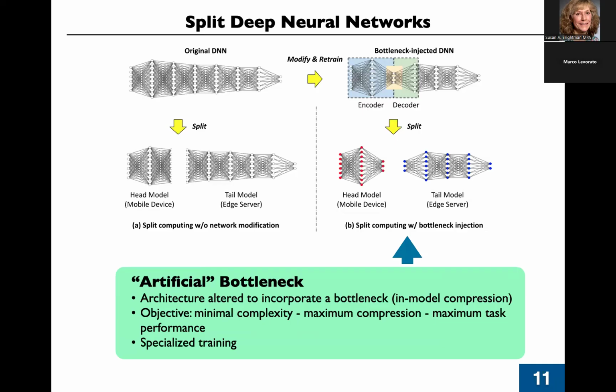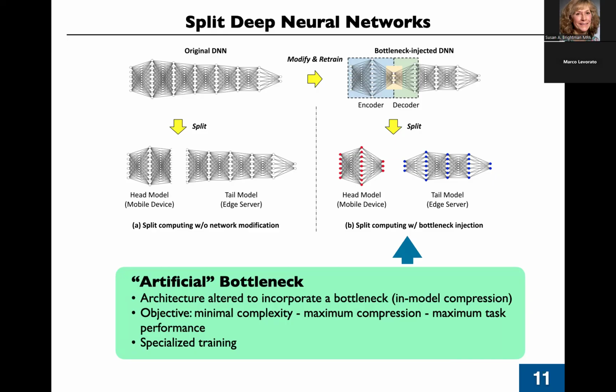And so one of our main contributions, maybe the one I'm most known for, is a different way of doing this kind of split computing. We call it artificial bottleneck, supervised compression. It takes different names. But the idea is that you take the original model, and instead of just splitting it, you modify it. You modify the architecture, you modify the training.